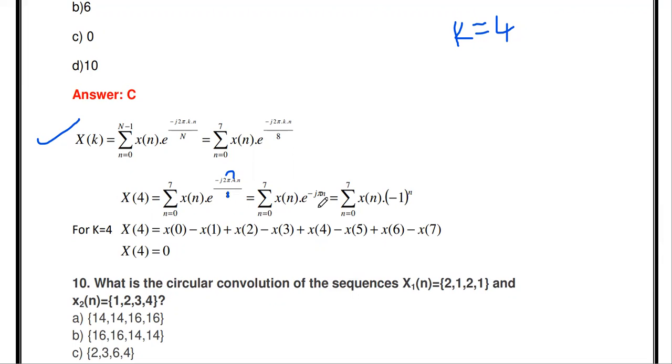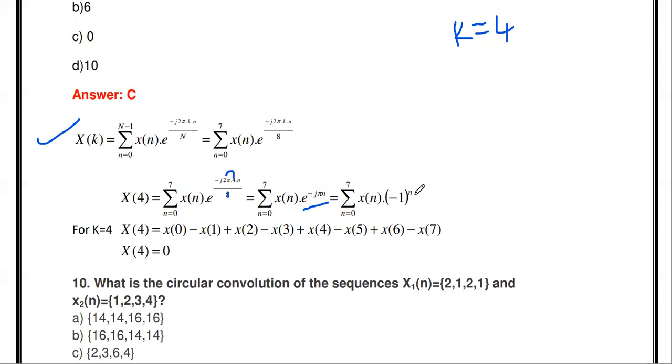So summation of x of n e power minus j pi n. What is the answer for e power minus j pi n? The e power minus j pi n is nothing but minus 1 to the power n. In order to find this x of 4, you just expand this summation. First put n equal to 0.